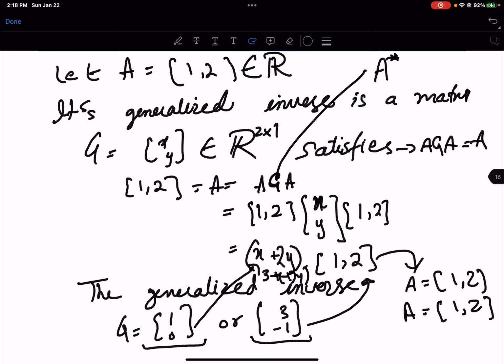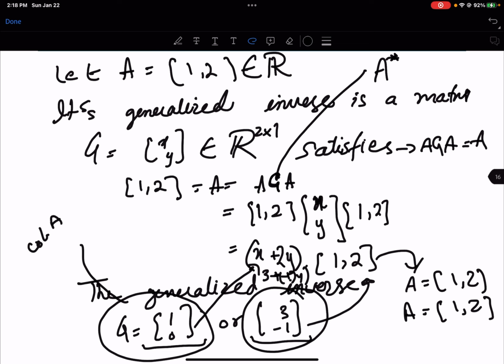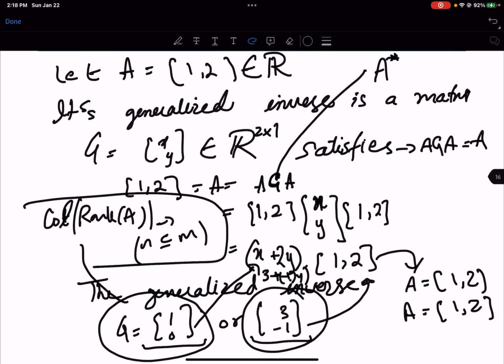The point here I'm trying to make is that your generalized inverses may not be unique, and they will only be unique when the column rank of your matrix A is equal to n, which is less than m. If this condition is satisfied, then your generalized inverse is unique.